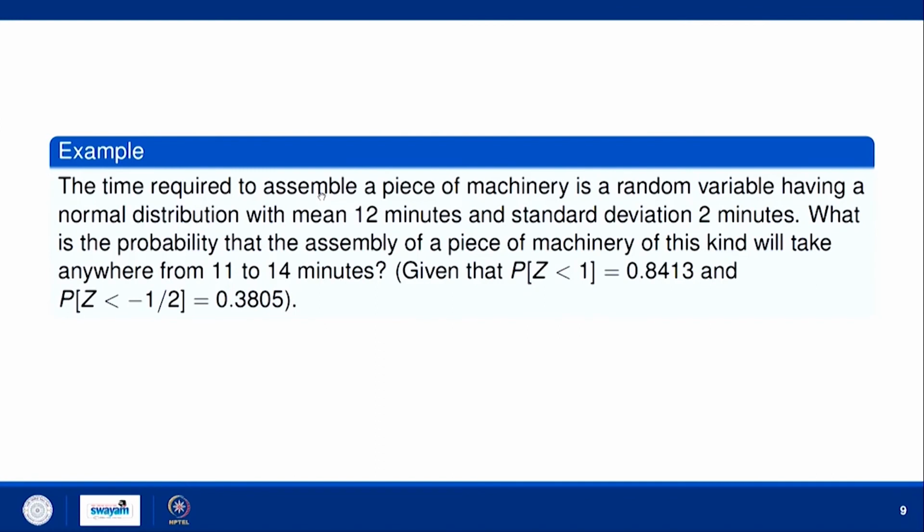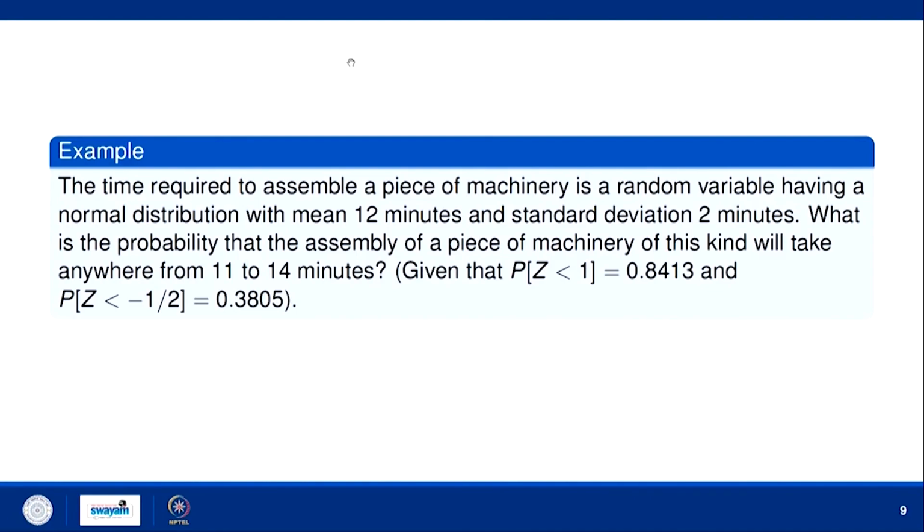The time required to assemble a piece of machinery is a random variable having a normal distribution with mean 12 minutes, that is mu equal to 12, and standard deviation 2 minutes, that means variance is 4. So what is given to us is that mu is 12 and sigma is 2 minutes.